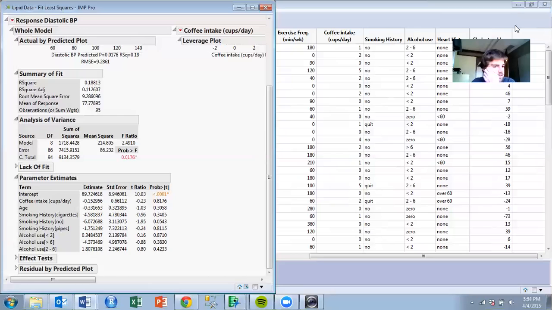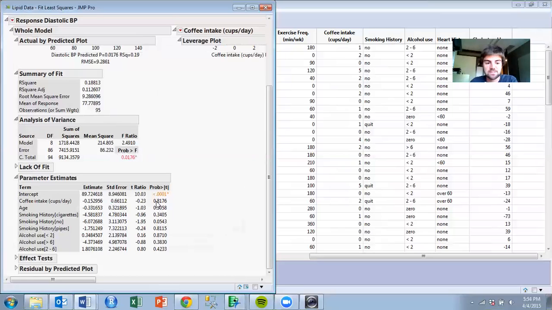I didn't bring that over yet. So let's see here. So here's the F-test. It tells us that our model is overall useful, even if nothing in it is. So if I were to ask, do we have statistical evidence of coffee intake influencing the blood pressure?